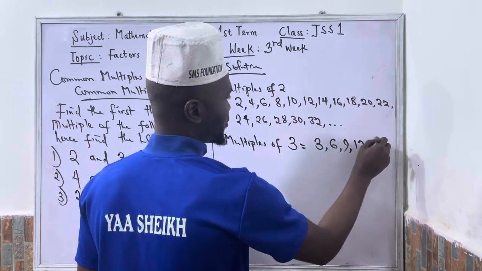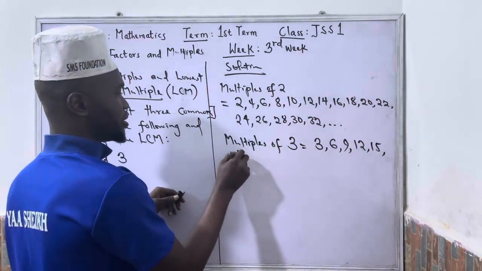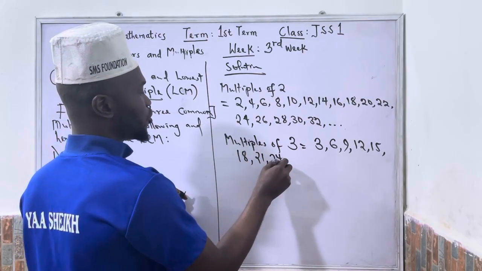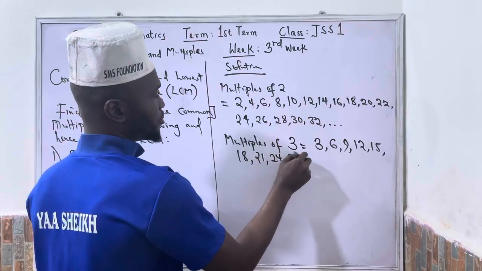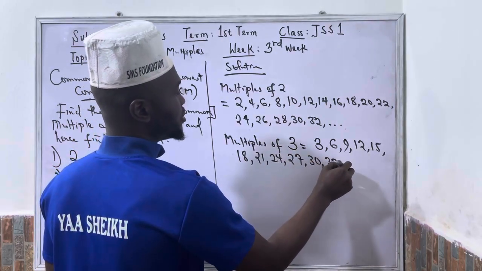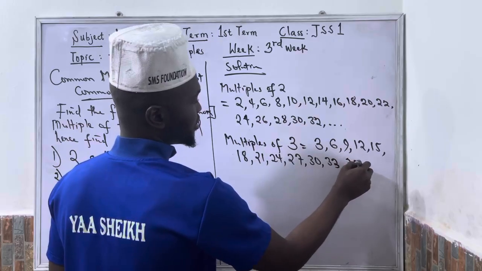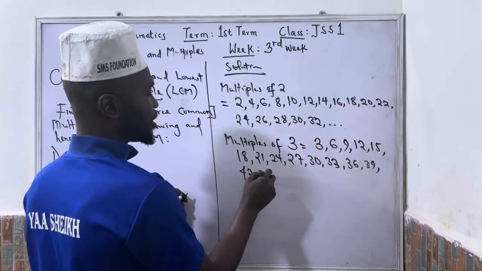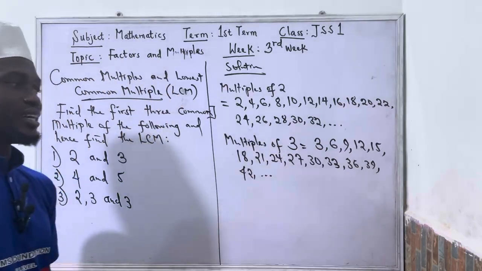Plus another 3, 15. Add another 3, 18. Another 3, 21, 24, 27, 30, 33, 36, 39, 42, and it continues like that.